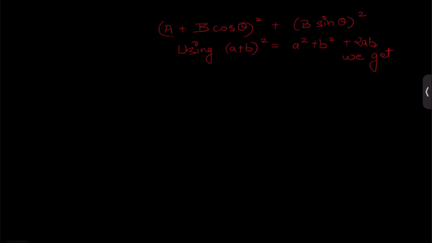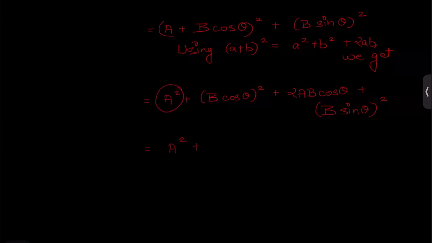For this expression we get A square plus B cos theta whole square plus 2AB cos theta plus B sin theta whole square. Moving on, this is equal to A square, which has been obtained, plus 2AB cos theta.